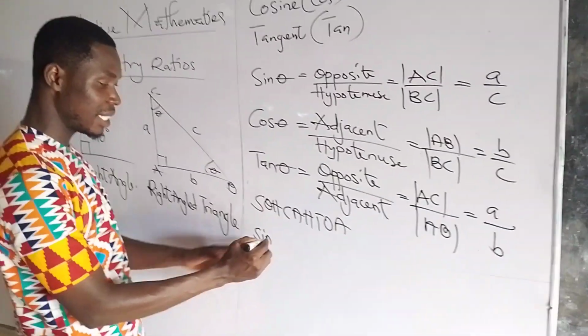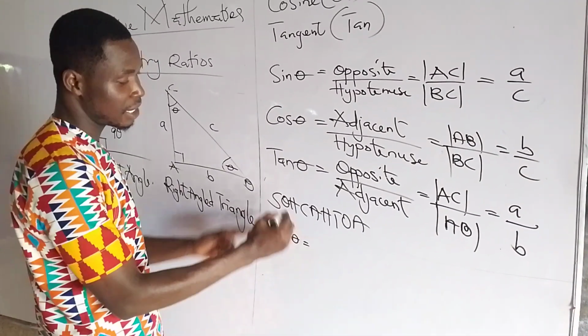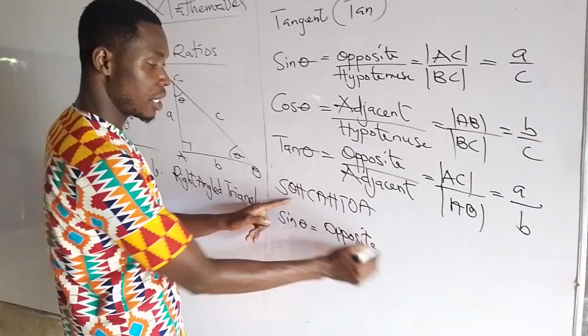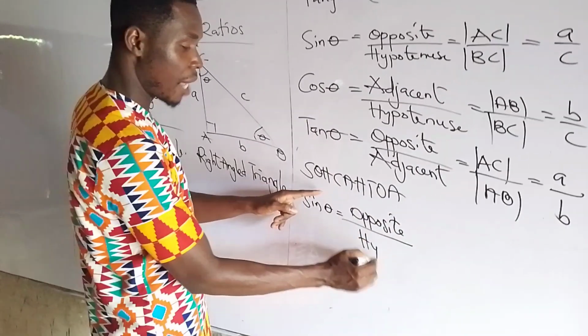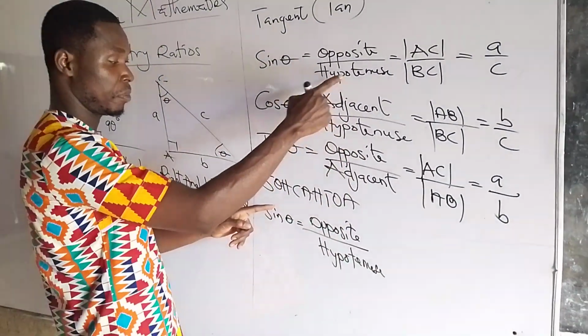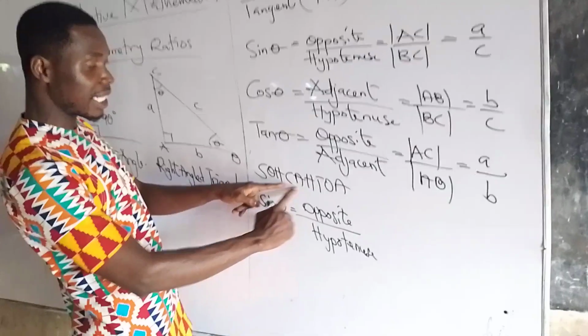So sine theta is equal to opposite all over hypotenuse, as we have here.